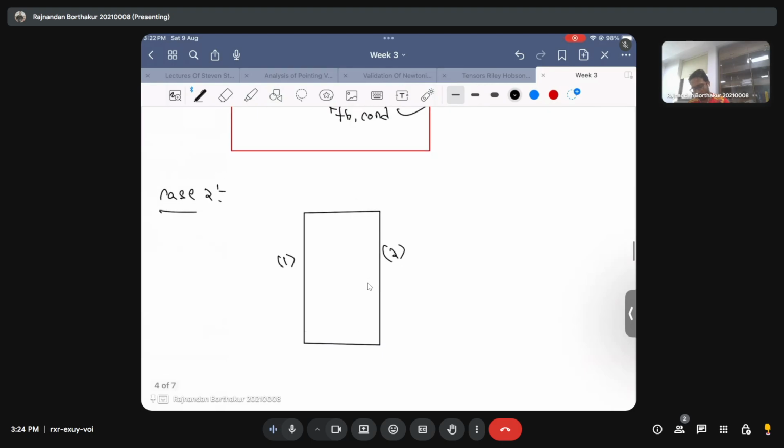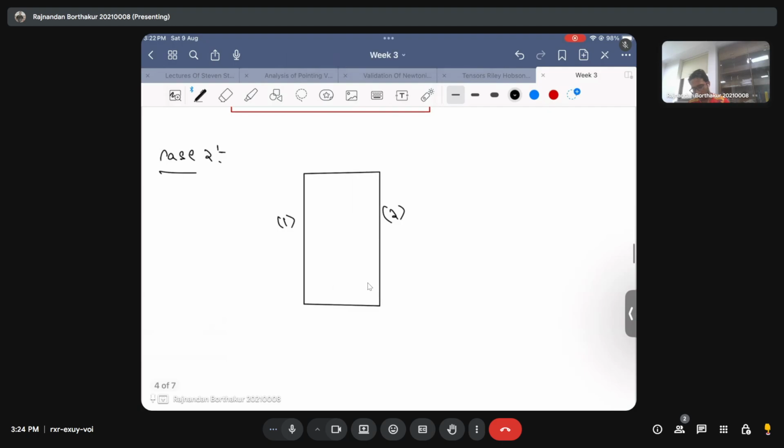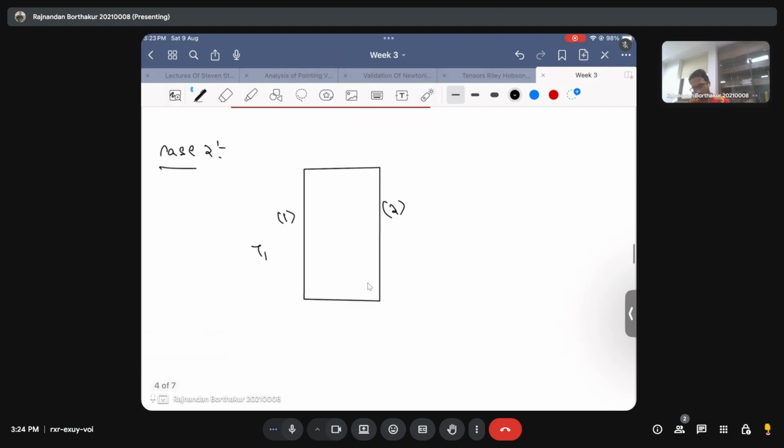The left face is exposed to T1, the right face is exposed to T2. Now I tell you that there is an insulation provided at the left face, meaning that there won't be any heat flux along the left face, and whatever heat flux there is will be in this direction.